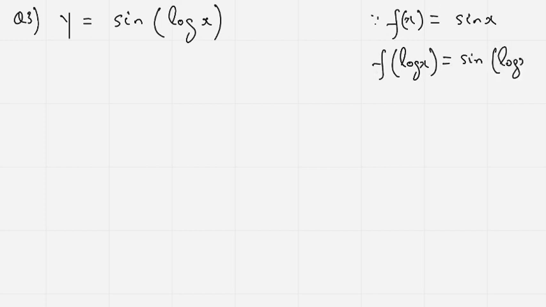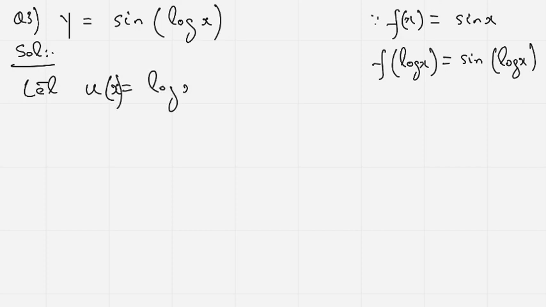So you see, I'm going to assume that let my log of x be u. Actually I am having a logarithmic function within a trigonometric function. So the function within a function concept is here. So let u of x be equal to log of x. That's it. So my y is going to be sine of u.